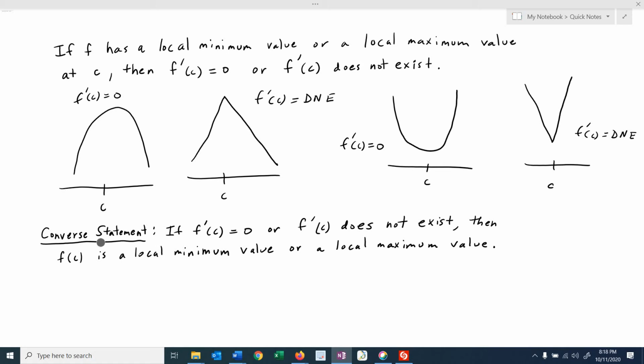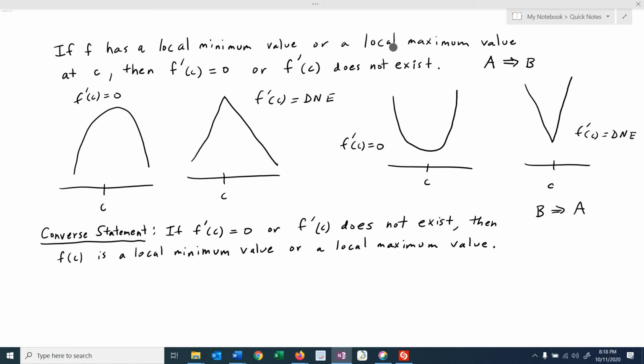Now, one thing I want you to be aware of is the converse statement to this statement is not true. Now, what do we mean by a converse statement? If you look at this statement, you can think of it logically as A implies B. The converse of A implies B is B implies A. That's called the converse statement.